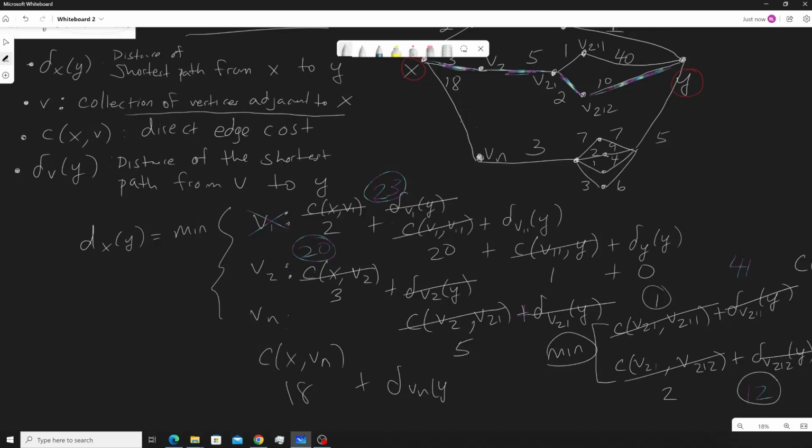This breaks down to, let's call this one Vn1, C of Vn comma Vn1, plus d of Vn1, y. And then this C breaks down to 3.